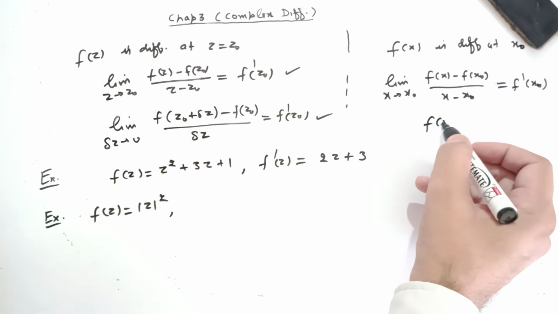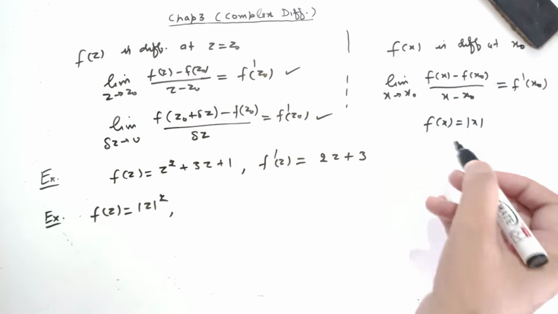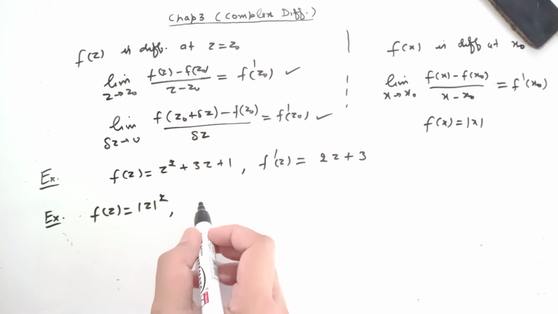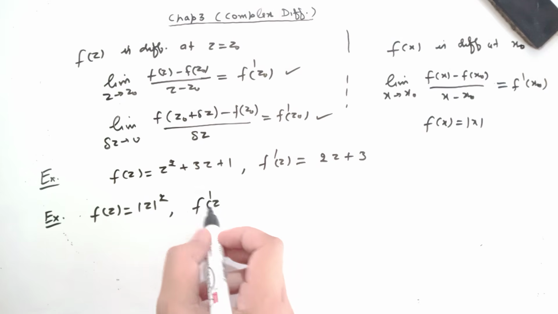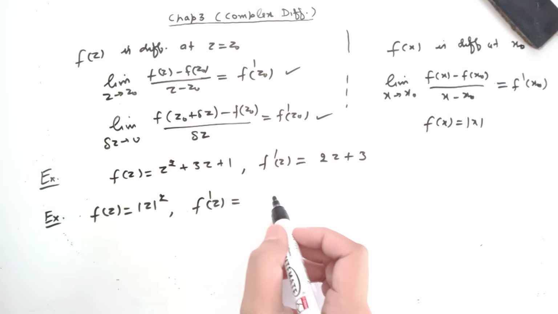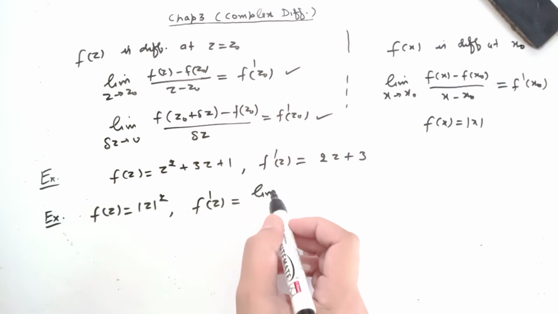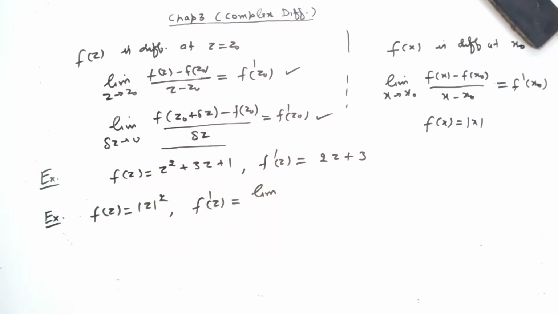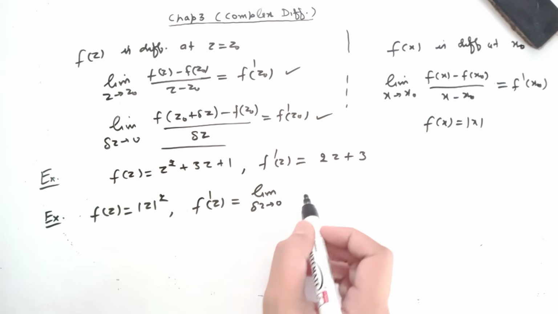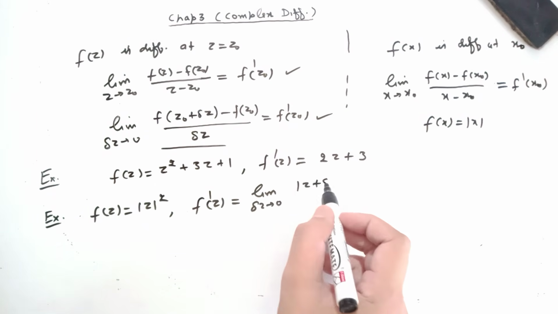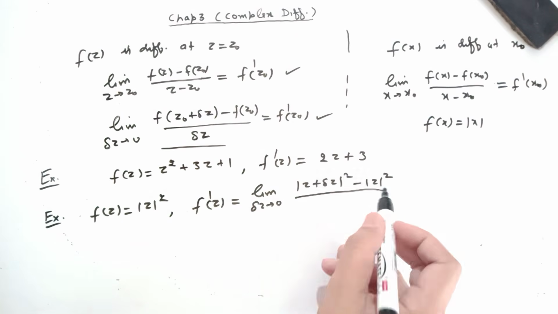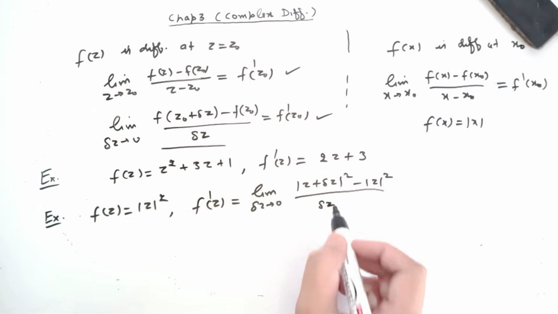As you do not differentiate f(x) equal to |x| directly, you go by definition. So same way here, let's go by definition and see what its derivative is. If I go by definition, what do I get? Limit delta z going to 0, |z plus delta z| whole square minus |z| square divided by delta z.